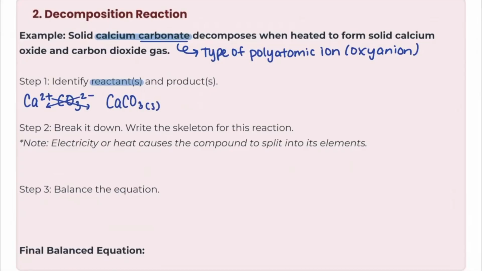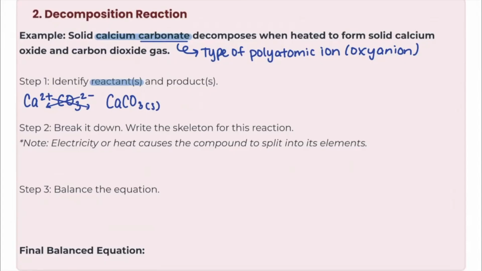Now, earlier, I asked you guys a question to think about. And I asked, which type of reaction do you think requires more energy input? A combination reaction or a decomposition reaction? And the answer is a decomposition. You see, for the most part, when you break something apart, you need to put energy in.